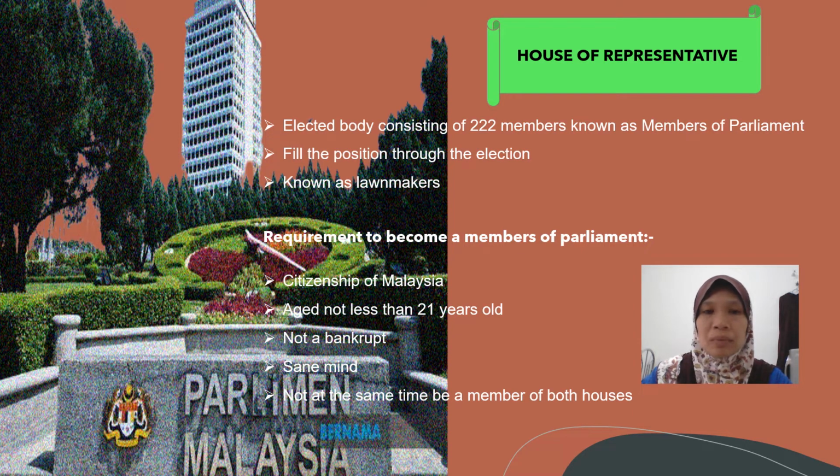Every member, before taking his seat in the House of Representatives, must take the prescribed oath before the Speaker. By the oath, the members swear or affirm that they will faithfully discharge their duty as members to the best of their ability, bear true faith and allegiance to Malaysia, and preserve, protect and defend the Constitution.